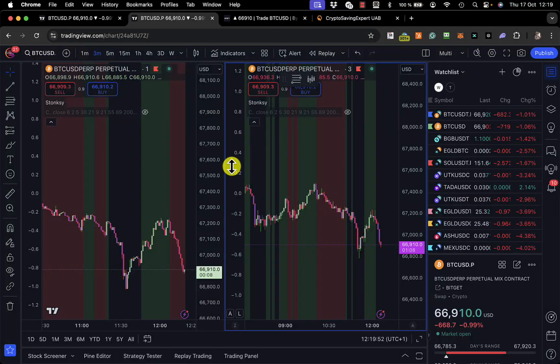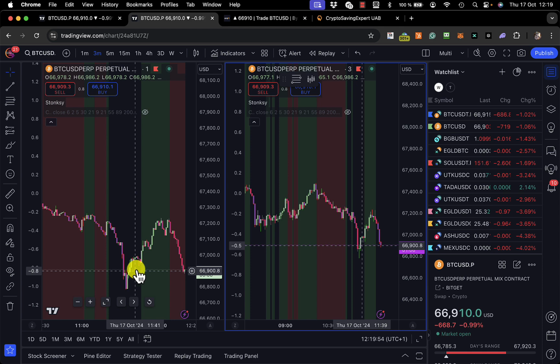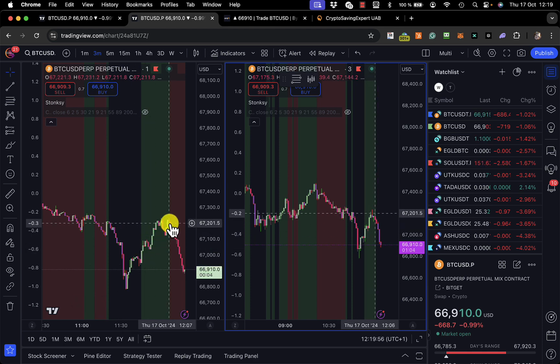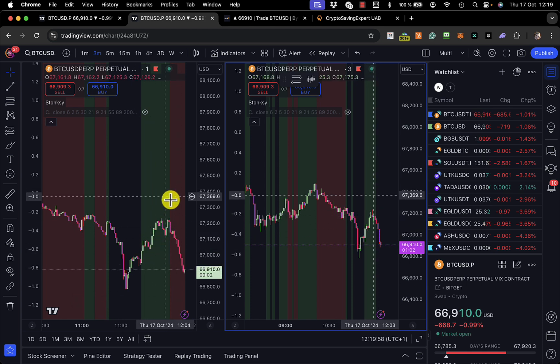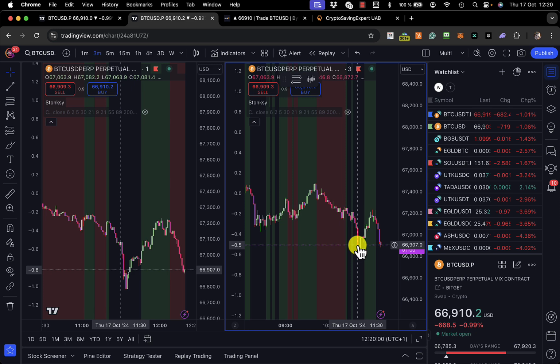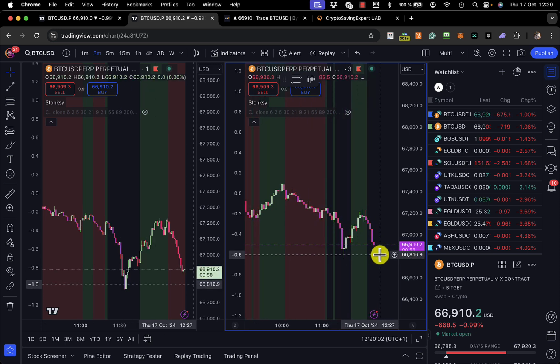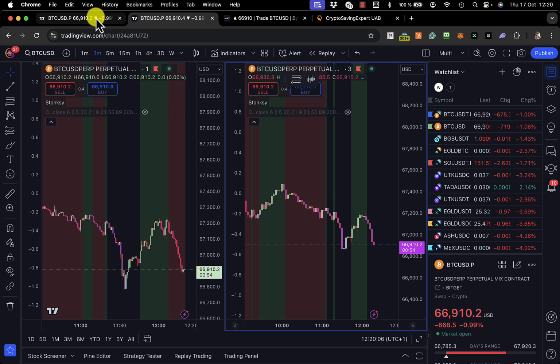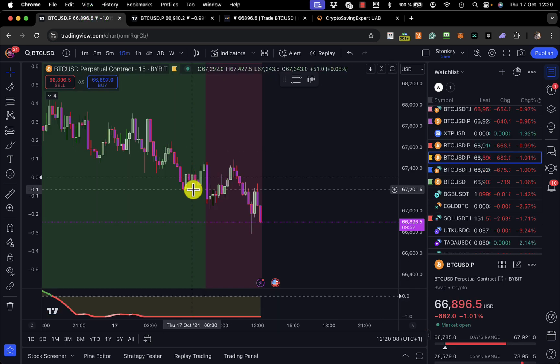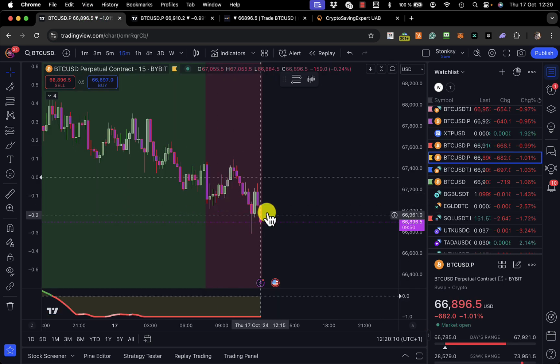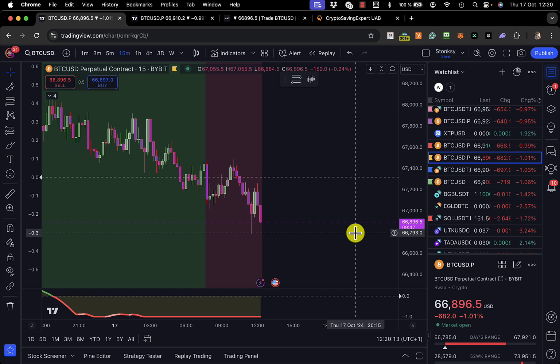Okay, so this is about half an hour later, and you can see what happened was the price was going up and then it went red again on the 1 minute time frame, and also the 3 minute time frame went into a no trade zone. So on the 15 minute we are still red. Now at this point I think you should just use your own knowledge of TA in whatever way you use it.